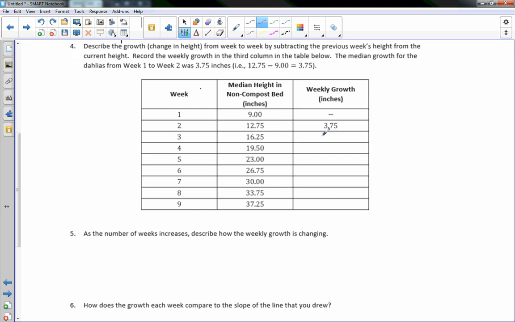So 5 minus 5 is 0. 12 minus 7 is 5, and I had to borrow from the 6, so that's now 5 minus 2 is 3. So that grew 3.5 in this second to third week. 0 minus 5, if that was 10 minus 5, that'd be 5, and I had to borrow from the 5 to make it 4. 4 minus 2 is 2. 9 minus 6 is 3.